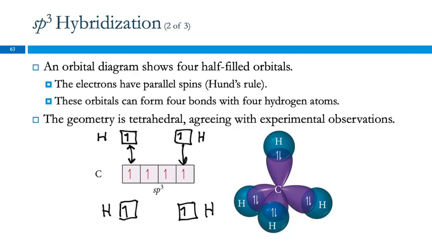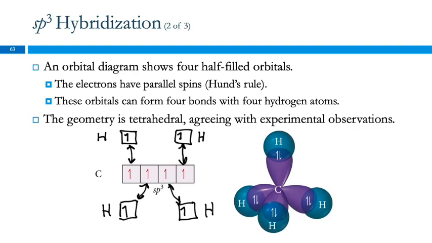And these two can overlap, and these two can overlap, and these two can overlap. And now we're saying, well, this looks like it's going to be CH4, right? Because carbon has 4 half-filled orbitals now. And that matches up with observation. CH4 is the smallest molecule composed of carbon and hydrogen.